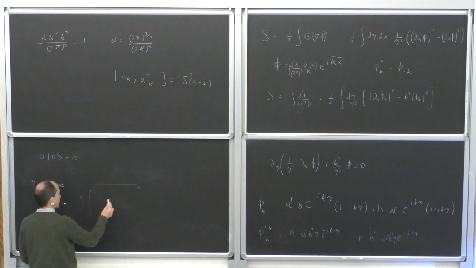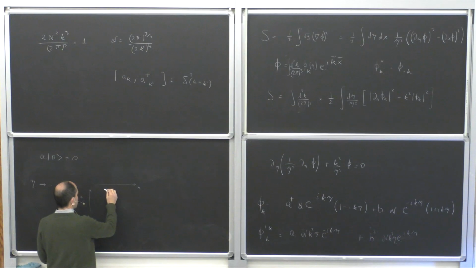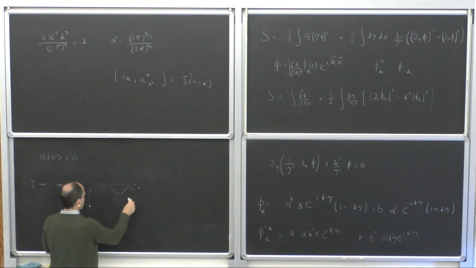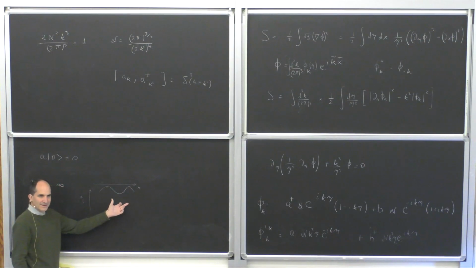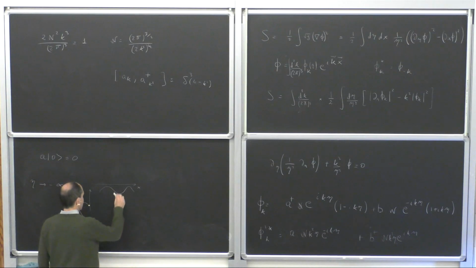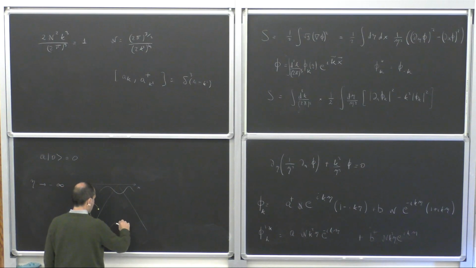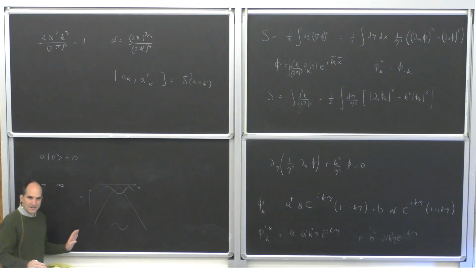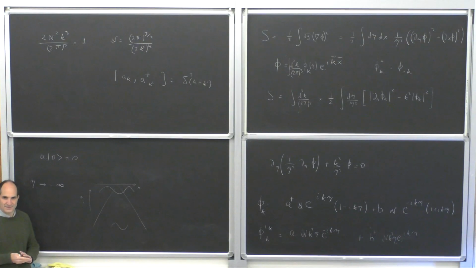We are considering a mode with a given wavelength, and we are going into the very far past. That mode, in the very far past, has a wavelength that is well within the horizon radius, so it has a very small proper size.